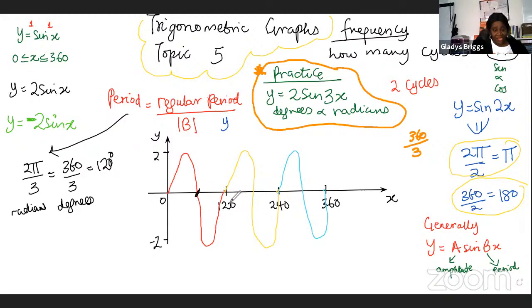Now, the thing that you're going to find confusing is writing it in radians. So this is 60. If this here is 2 pi over 3, then this must be 1 pi over 3, yeah? And this must be 3 pi over 3, which is 180 degrees, yeah?